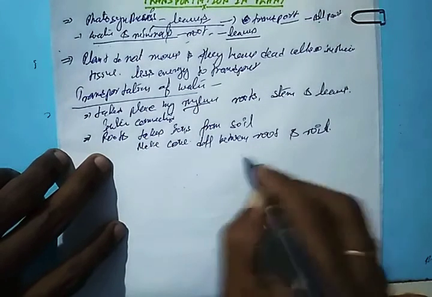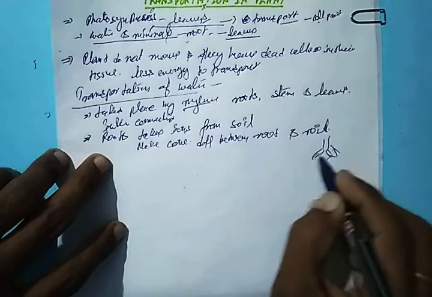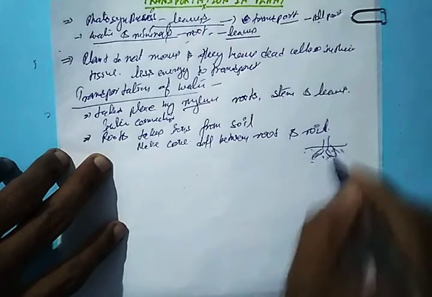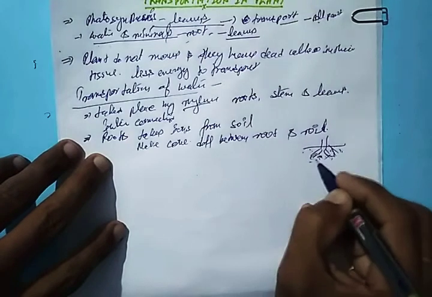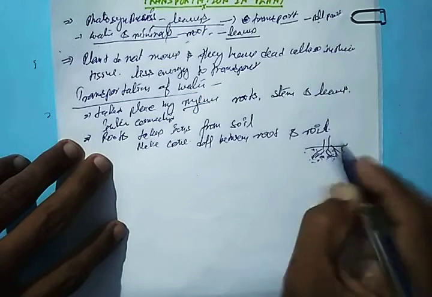Suppose this is the root of any tree, and these are the particles of soil. Suppose nutrients are present in the soil in the form of ions.